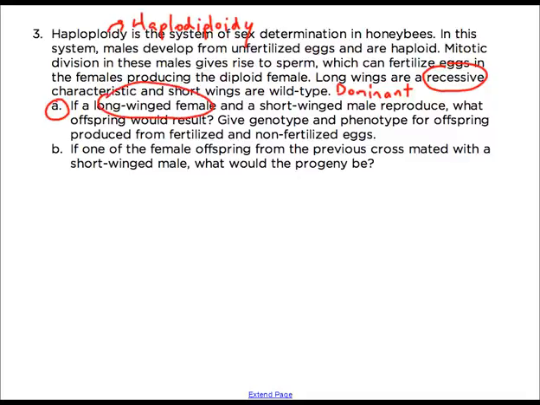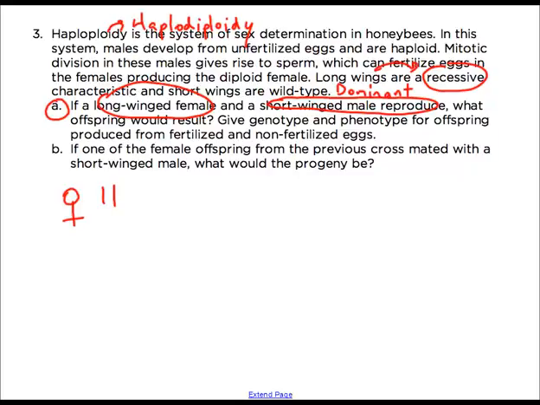So first, the long-winged female. The females are diploid, and since long wings are recessive, the female has to be little l, little l. Now, we have a short-winged male. Short wings is the dominant trait.